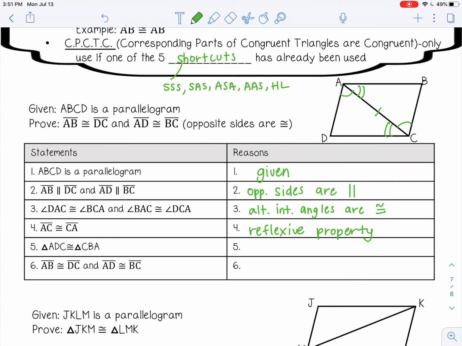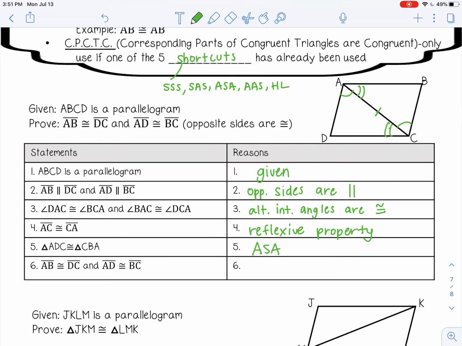The next statement says that triangle ADC is congruent to triangle CBA. So if you look at how we have marked this diagram, and remember it may help if you cover up one of the triangles, you can see that these are congruent by angle, side, angle. All right, and then the last statement says AB is congruent to DC and AD is congruent to BC.